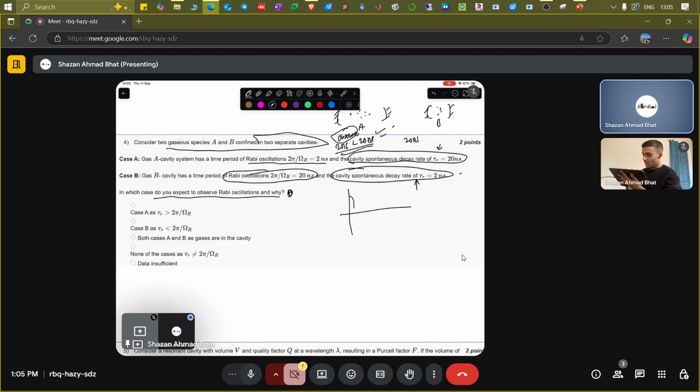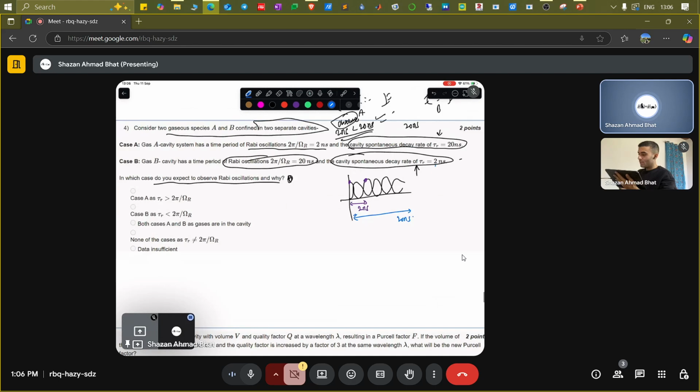Let me just draw it like this. If this particular time period of Rabi oscillations is, let's say, 2 nanoseconds, then the decay time is almost like 20 nanoseconds. Then you are going to at least see 10 cycles of the Rabi oscillations before the species in cavity A will decay.